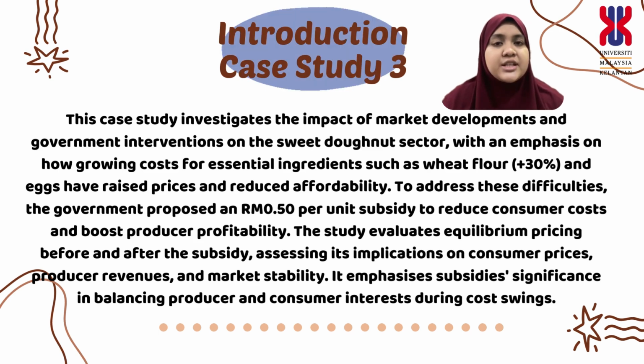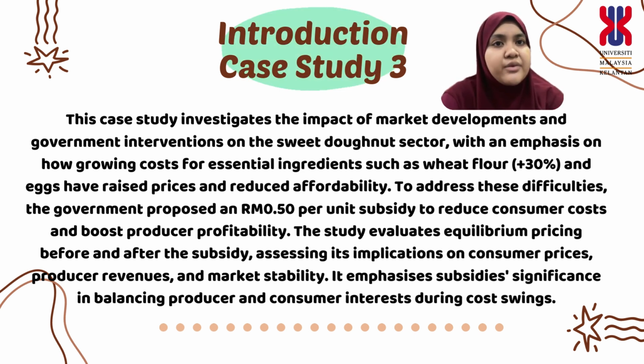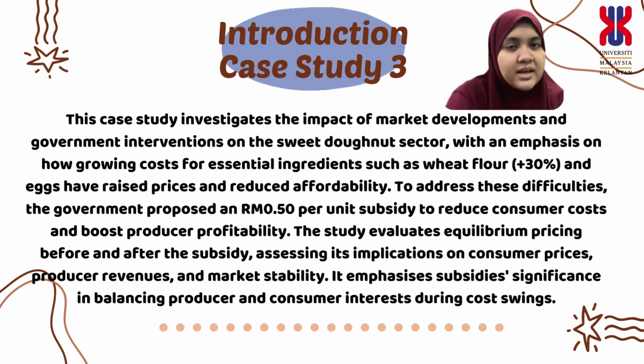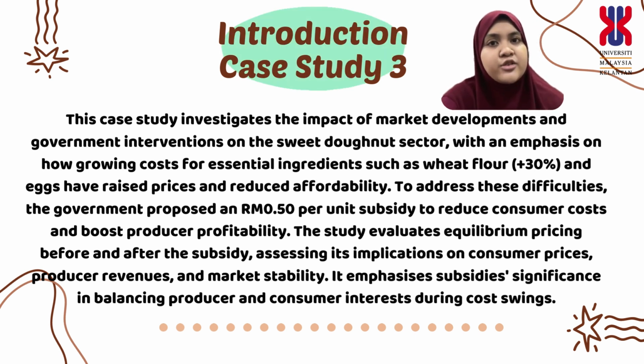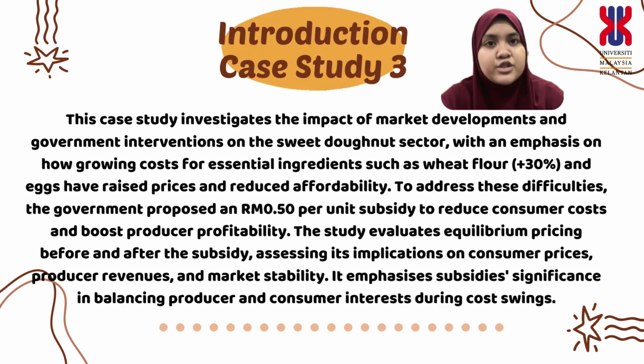To address these difficulties, the government proposed a 50 cent per unit subsidy to reduce consumer costs and boost producer profitability. The study evaluates equilibrium pricing before and after the subsidy, assessing its implication on consumer prices, producer revenues, and market stability. It emphasizes subsidies' significance in balancing producer and consumer interest during cost swings.